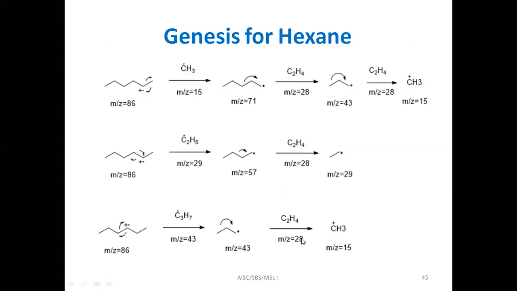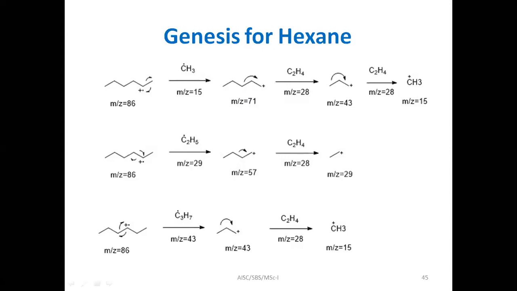Next example is hexane. So the M by Z for hexane's molecular ion is 86. So breaking off a CH3 radical, this CH2 positive, you're getting a loss of 15, so that part is 71. So 86 minus 15, you're getting M by Z 71.